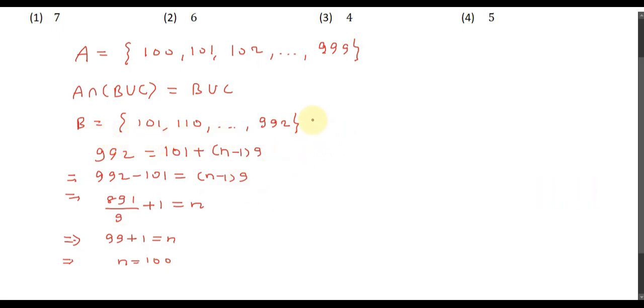So sum of 3-digit numbers of set B will be n by 2, n is 100 by 2 into 2, first term plus last term. First term is 101 plus last term is 992. Okay, now let's simplify.